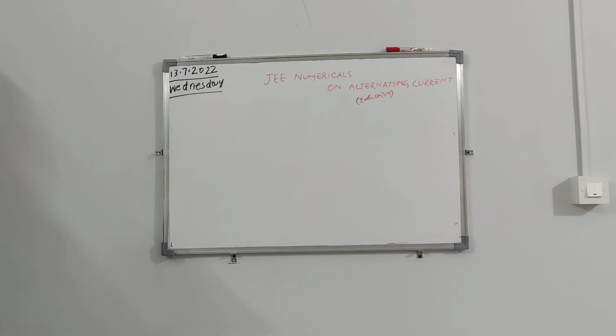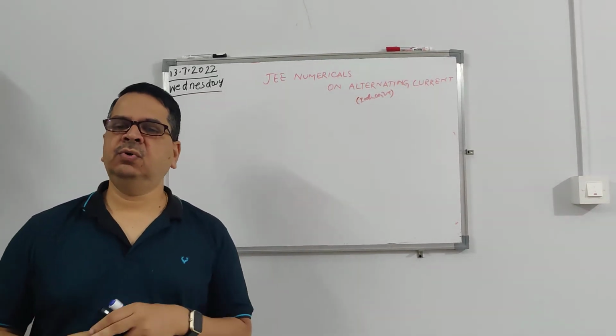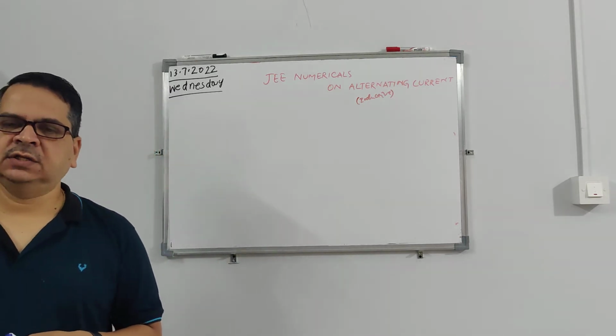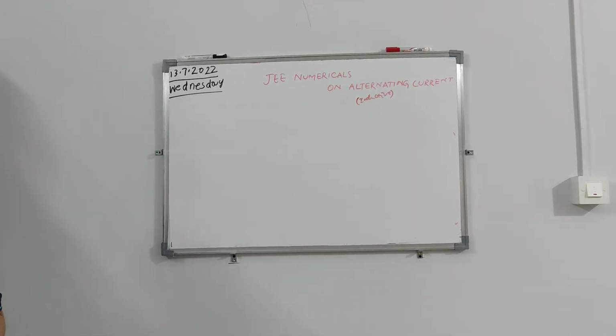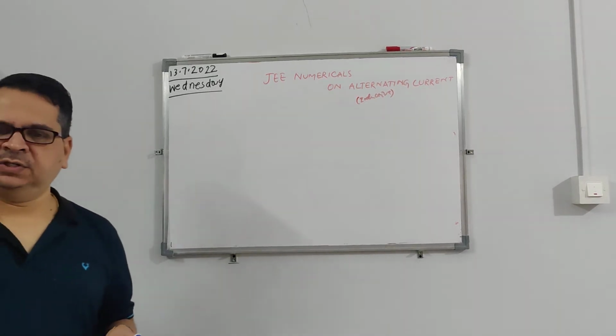There is another numerical. The question is like this: an electric motor. In household devices, we want to know what is the current passing through each device. We know the supply voltage, 220. We also know the wattage of the machine.